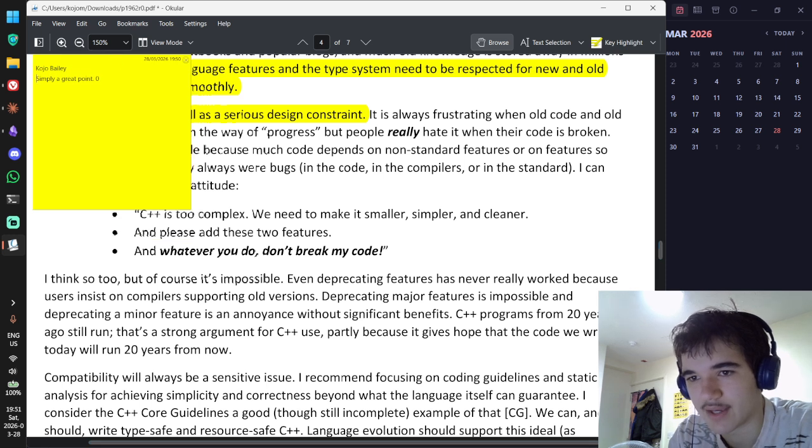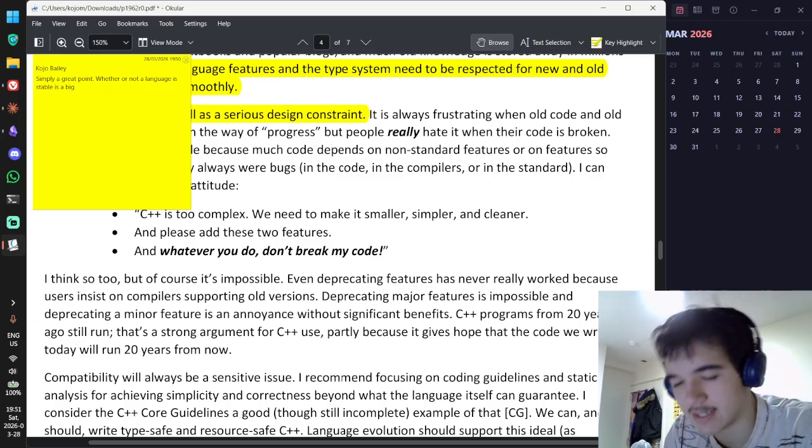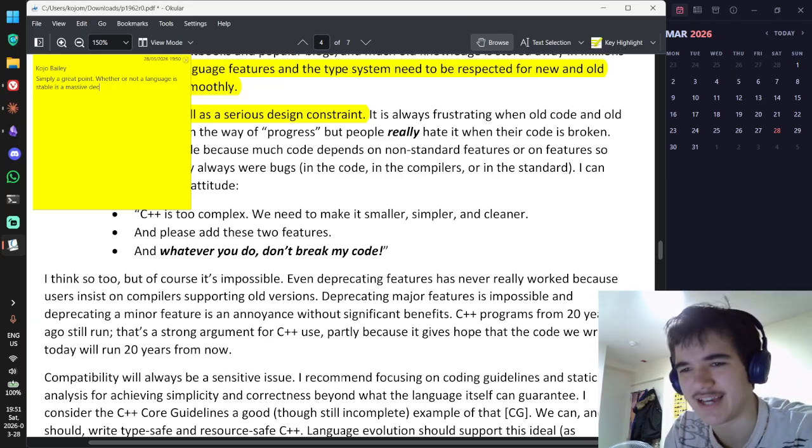Stability, yeah. Whether or not a language is stable is a massive decision factor for programmers.